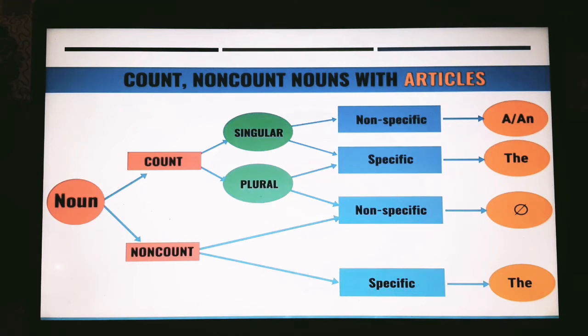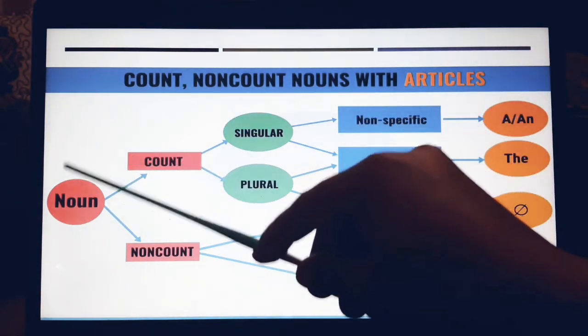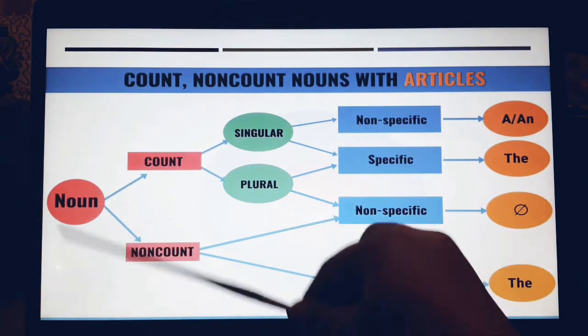Before we start the lesson, students, let us have a small review of our previous lesson. Here in the diagram, you can see countable, non-countable nouns with articles. Students, you can see this is noun.